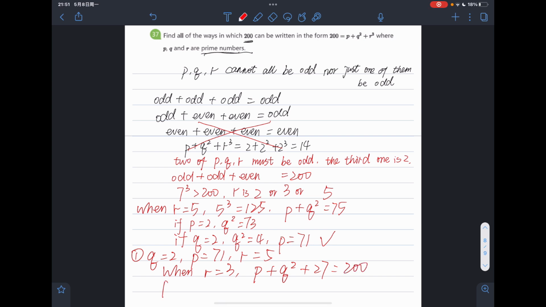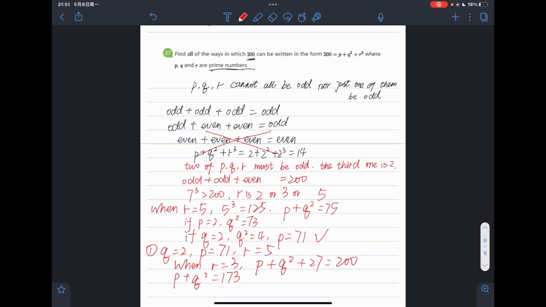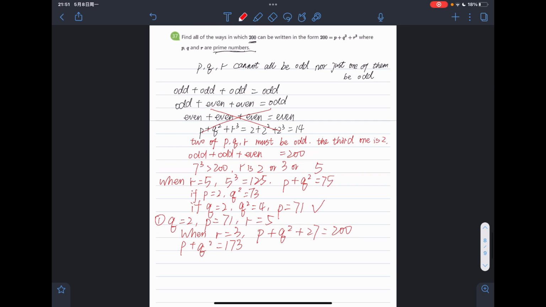Therefore, p plus q squared equals 173. And in this way, if p is 2, then q squared is 171, which is not a square.